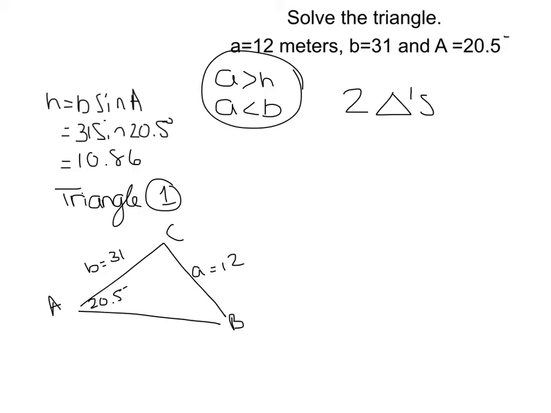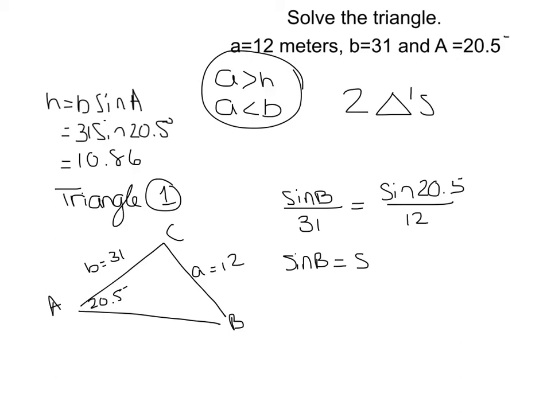So we have sine B over 31 equals, and my complete proportion is sine A over 12. Now I'm going to isolate sine B, but this time I'm going to do something different because I want us to think about something.